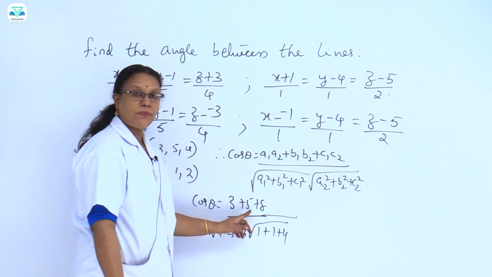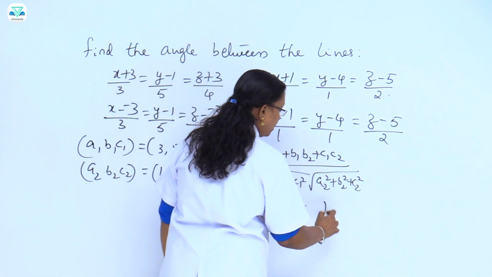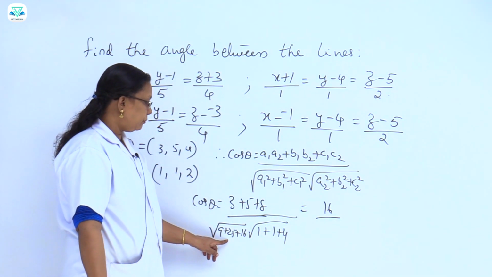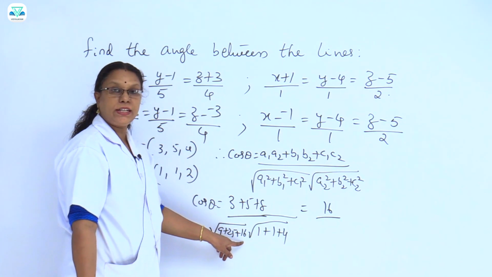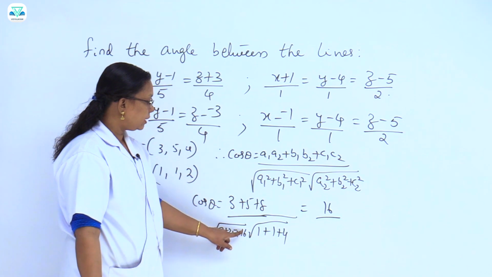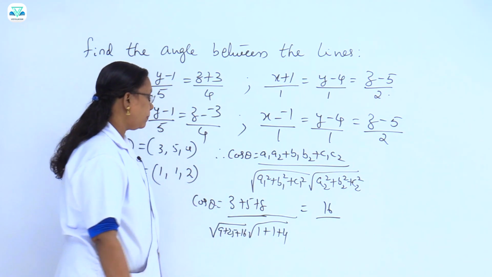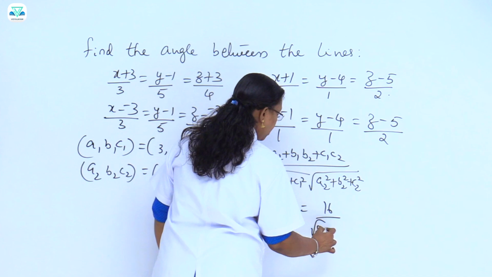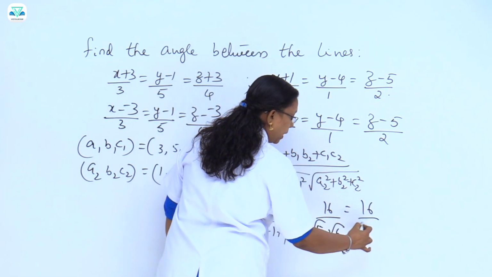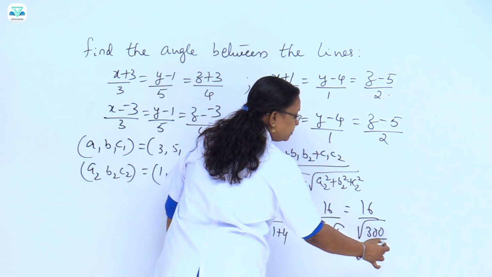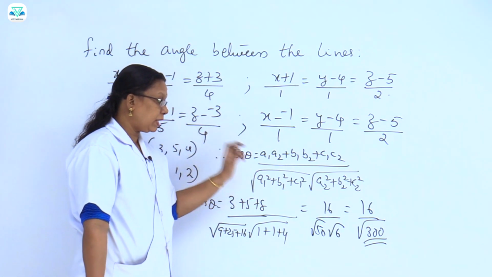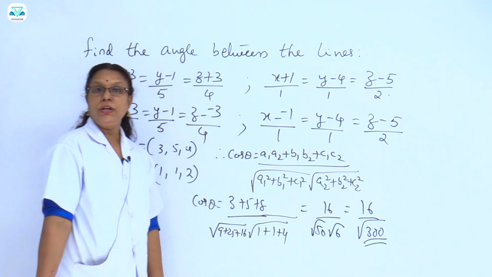So, we have 3 plus 5 is 8, 8 plus 8 is 16, by 25 plus 9 is 34, 34 plus 16 is 50. So, it is root 50 into root 6, or it is 16 by root of 300. We can simplify again, but it is anyway 16 by root 300.